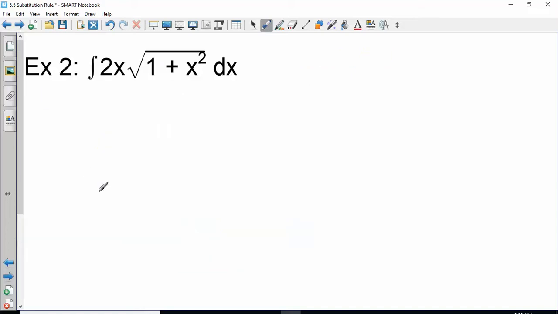So let's look at this next one. What would be my u value? 1 plus x squared. So to find my du, I'm not trying to look back in the original problem and find it. I'm looking right here at my u. What is the derivative of 1 plus x squared? And we always are going to put the dx with that.